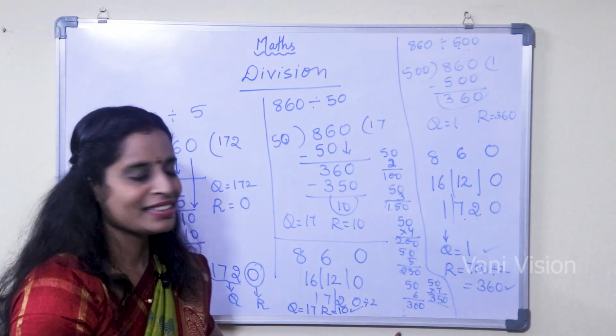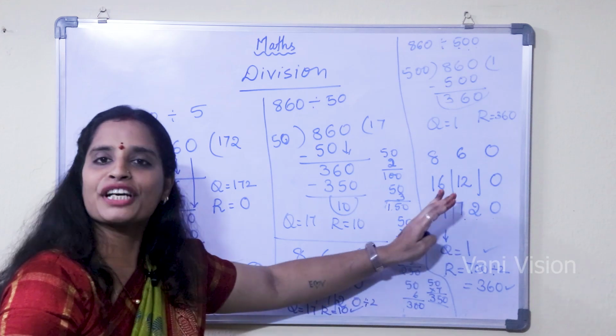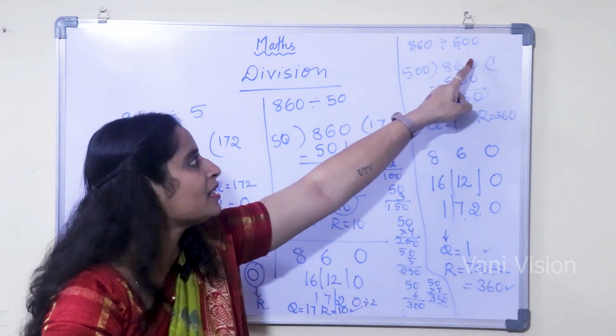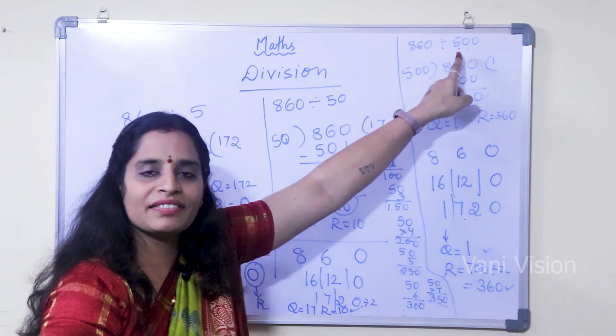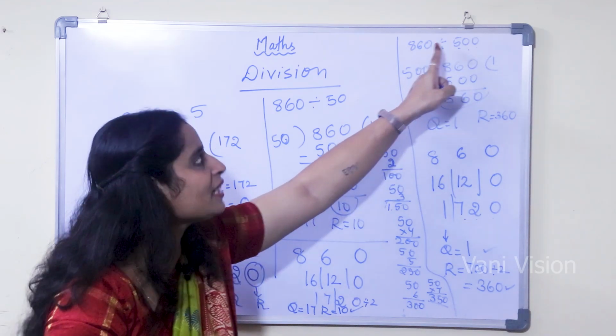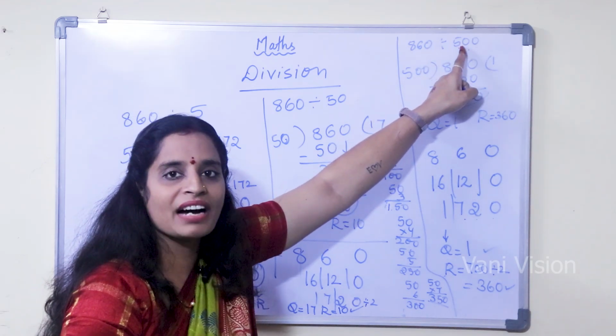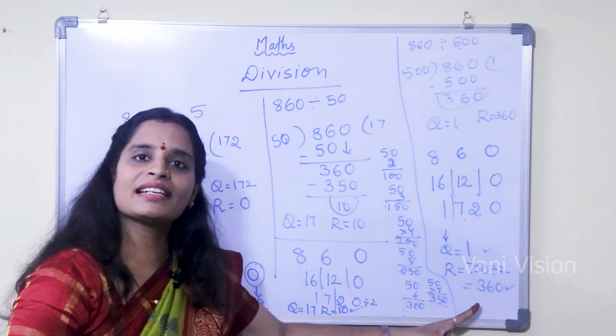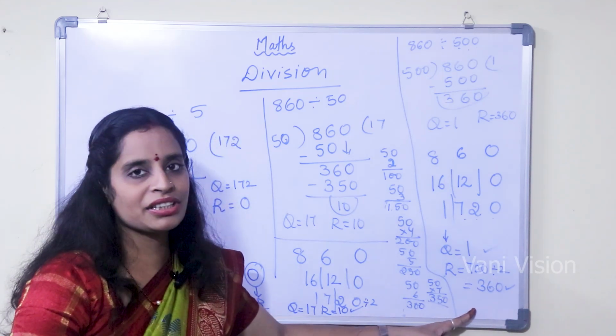Directly we are doing it. We are just doubling the numbers. We are using the balancing method over there. By seeing the number of digits, like 1, 2, 3 digits, the divisor is of 3 digits. This is the dividend, this is the divisor, right? Now the divisor is of 3 digits, so the last 3 digits we have to take as the remainder. The rest of the numbers will come under the quotient. Clear?